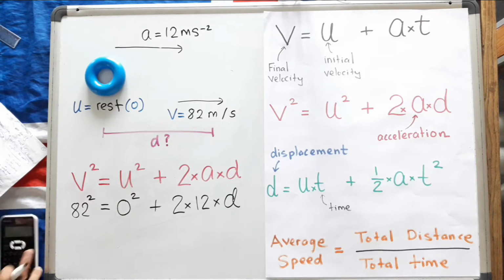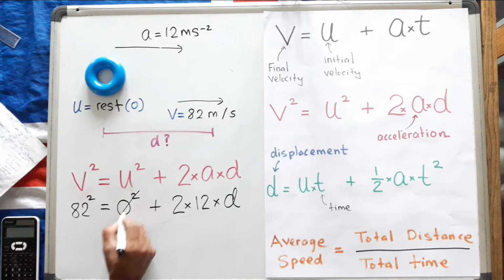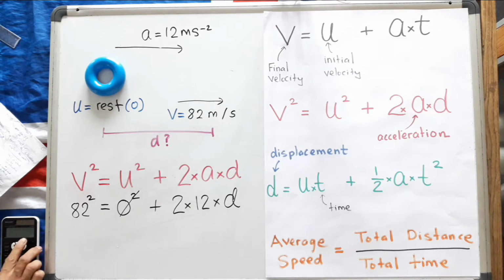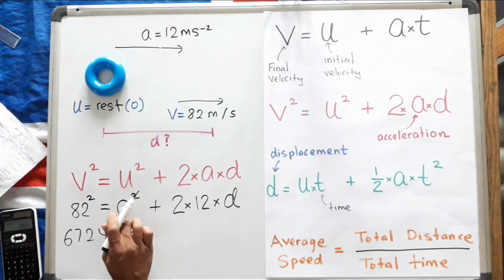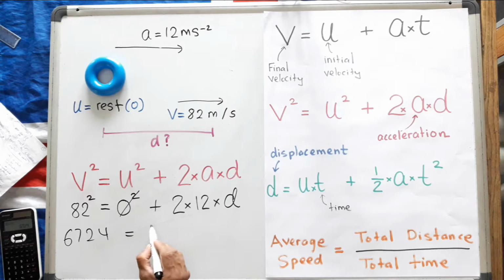But 0 squared is just 0, so I'm not even going to bother with that. 82 squared is 6724. 2 times 12 is 24.